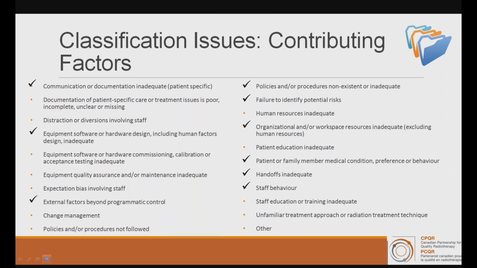There could be some documentation issues, equipment issues, maybe external factors, maybe lacking policies and procedures, some patient family issues, patient might have been in pain, things like that, staff behavior. What I wanted to highlight with respect to this is, again, the importance of doing those root cause analyses.